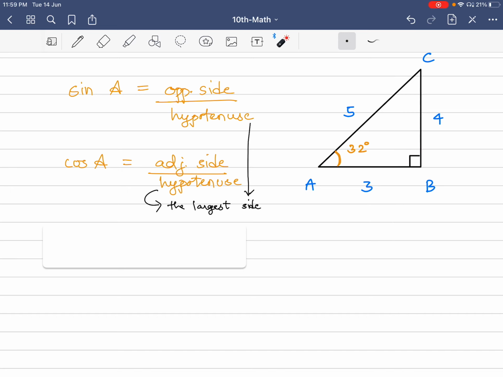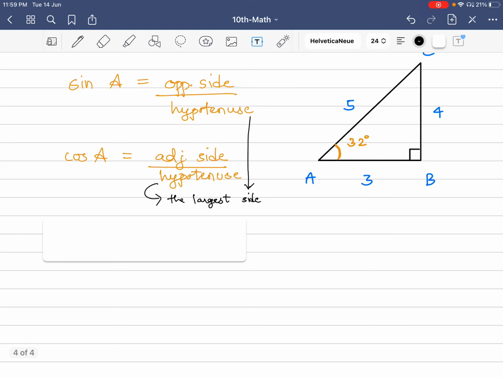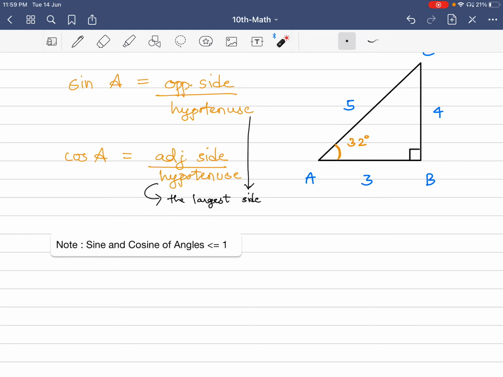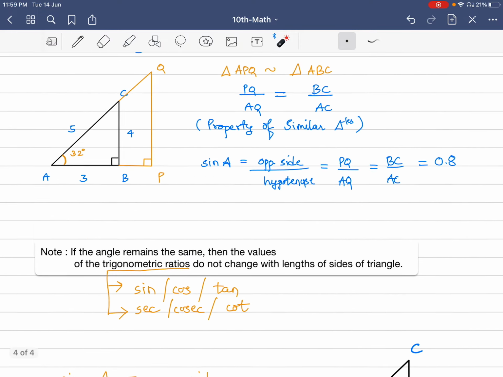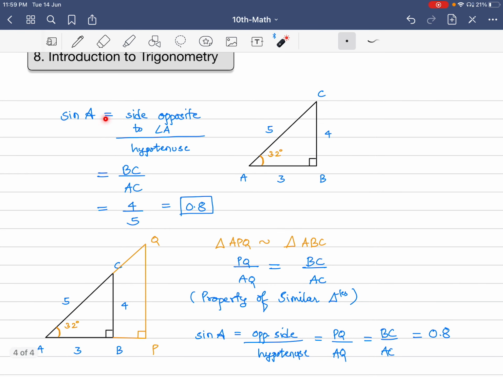So this is another property that we wanted to focus on. I made a note here: the sine and cosine of the angles will always be less than or equal to 1. In very rare cases it will be equal to 1, otherwise mostly they will be less than 1. As we saw here, sine of A was less than 1, 0.8. Similarly, if you see cosine of A, let's make a note here.